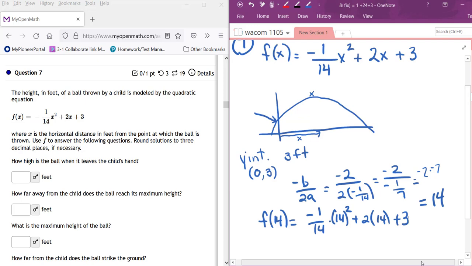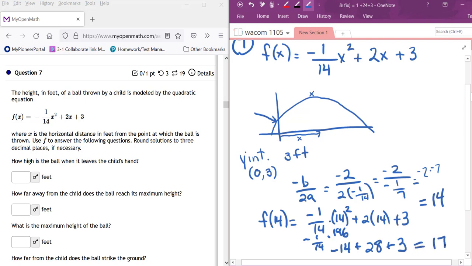to 14. But so 14 squared, just to show that we're following order of operations, times negative 1 over 14 gives us back a negative 14 plus 28 plus 3, and this would give us 14 plus 3 is 17.